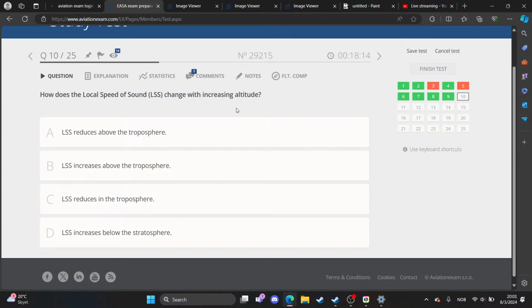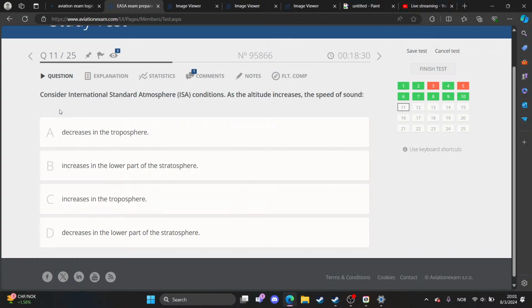Alright, so if you increase altitude, it gets colder, which means local speed of sound will reduce in the troposphere. Consider international standard atmosphere: as altitude increases, speed of sound will decrease in the troposphere.